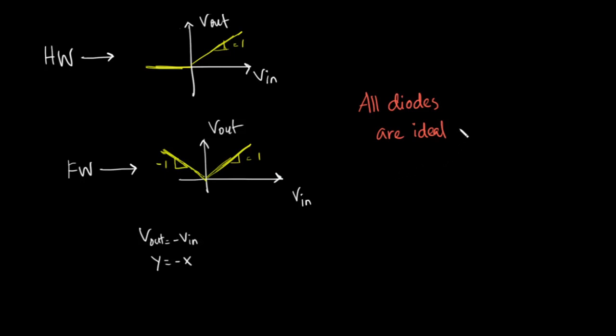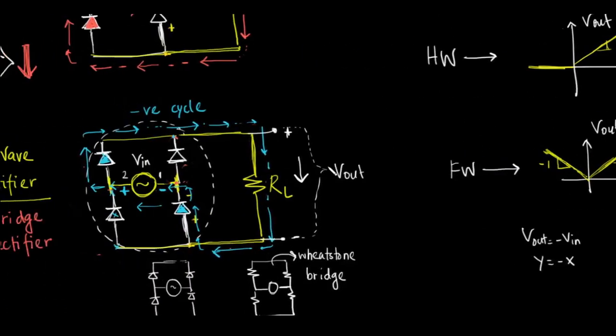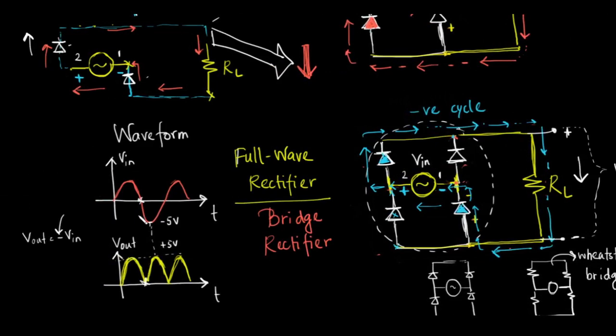But if we use real diodes in place of ideal diodes, then there will be some loss in those diodes, some voltage drop across them, and the transfer characteristics will not look like this. It will look a bit different. Similarly, the waveforms of the input and output will be a bit different, but similar to this.